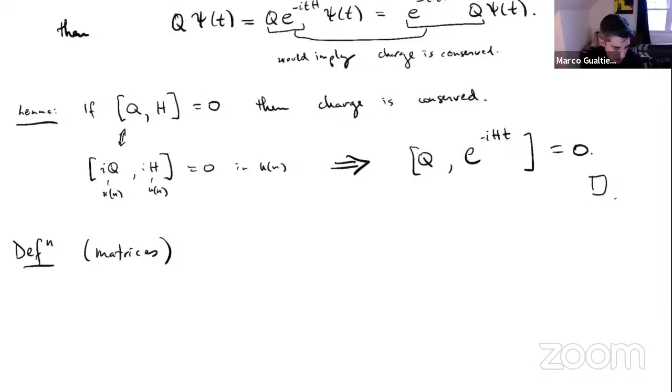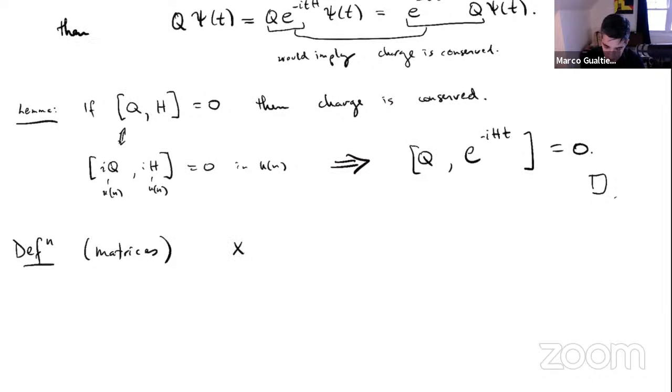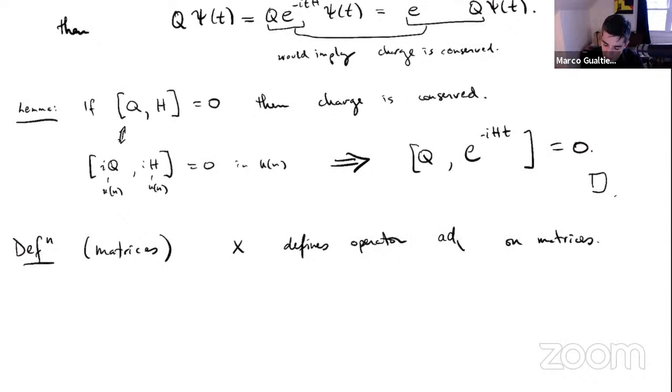Any matrix defines an operator on matrices, which is called the adjoint operator, lowercase ad x, the so-called adjoint operator, the adjoint action of x on matrices.